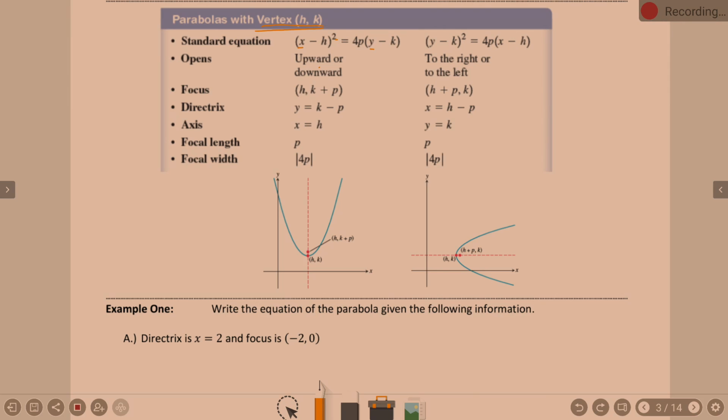Okay, and the 4p is just a constant. Notice my focus, instead of being 0, p, it's h, k plus p. Just got to include the h, k vertex. The directrix, instead of being y equals negative p, it's y equals k minus p. Instead of my axis being x equals 0, I moved over h. Notice focal length and focal width did not change.